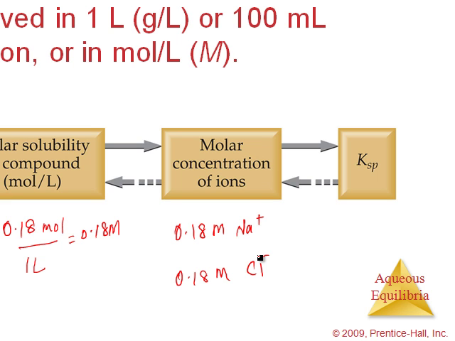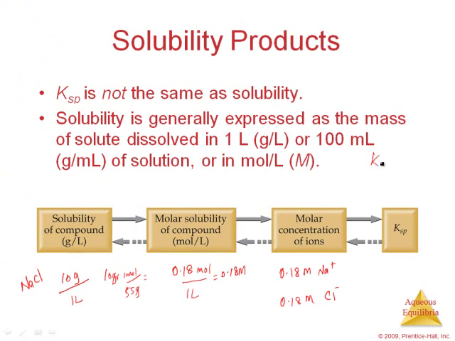From the molecular formula, NaCl dissociates into Na+ and Cl-. So the Ksp expression for NaCl will be the concentration of Na+ multiplied by the concentration of Cl-. We don't use solid NaCl in the denominator, just the ions. So Ksp will become 0.18 multiplied by 0.18.